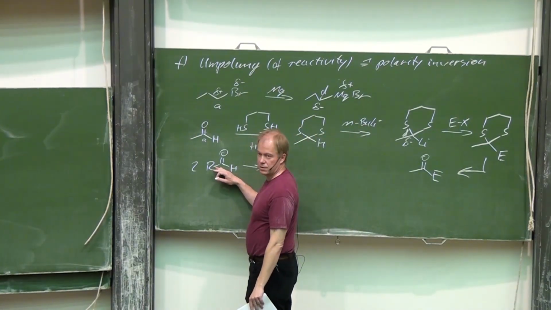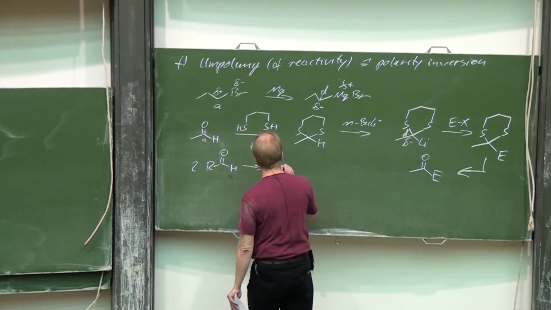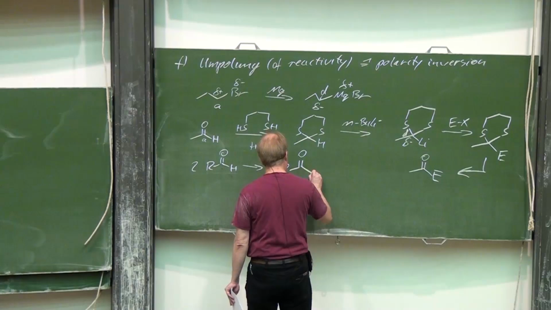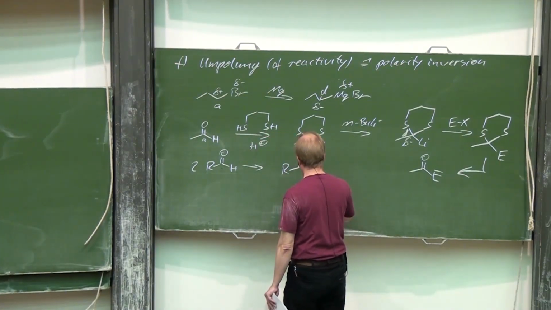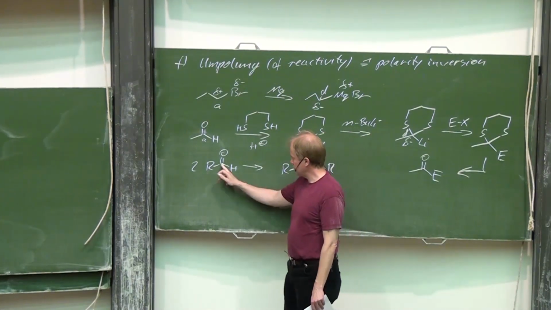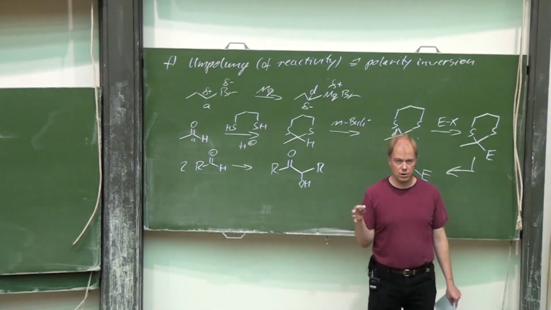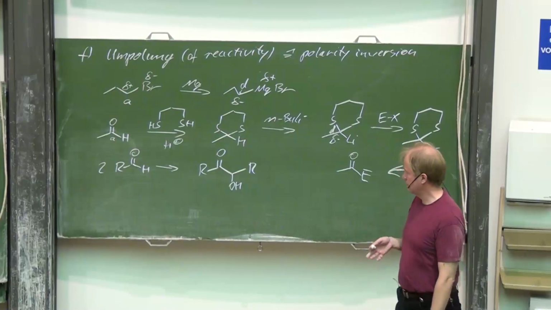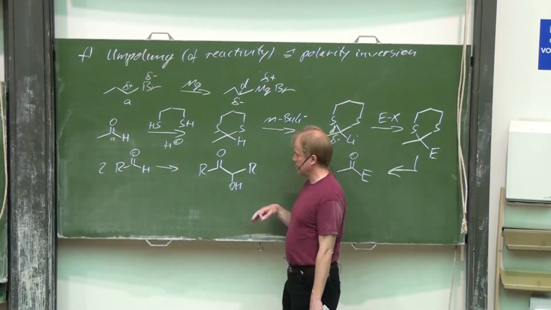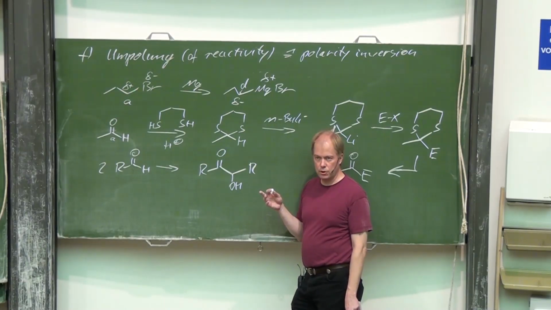Well, an aldehyde dimerizes actually, so this CH bond is added to the carbonyl bond of another aldehyde, an acyloin.